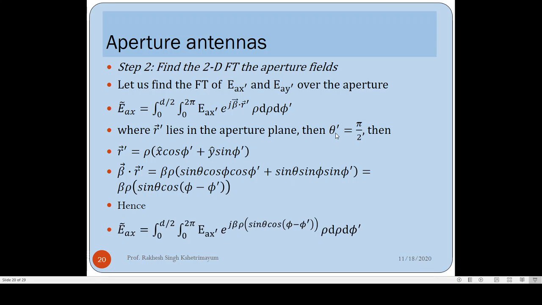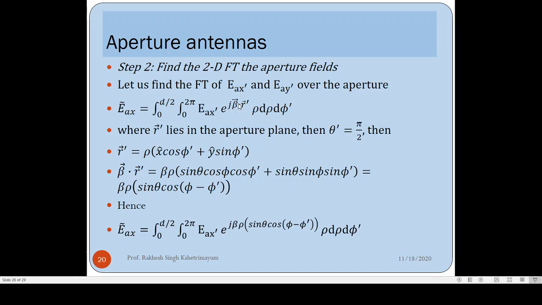Theta dash dependence will go away. Basically, r dash is rho times sin theta dash cos phi dash, sin theta dash sin phi dash, plus cos theta dash. Sin of theta dash is 1, cos of theta dash is 0. So r dash in the aperture plane will have rho x hat cos phi dash plus y hat sin phi dash.